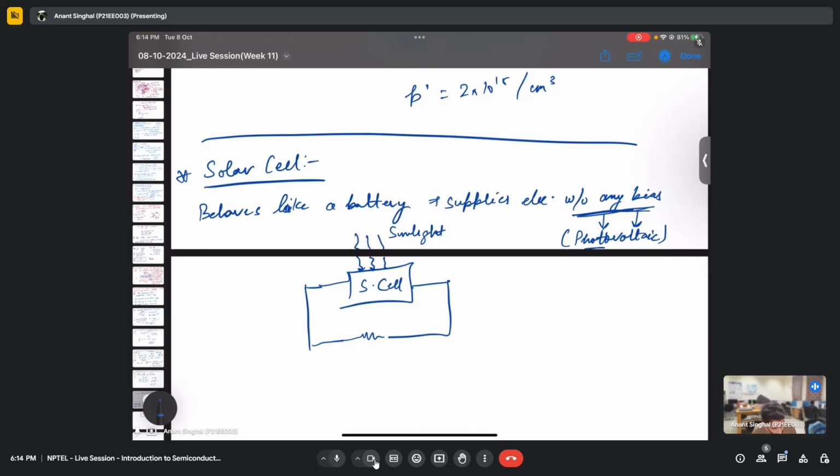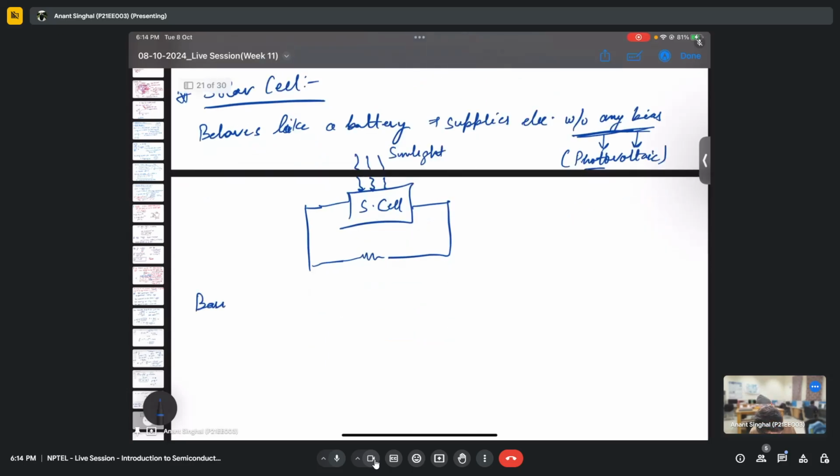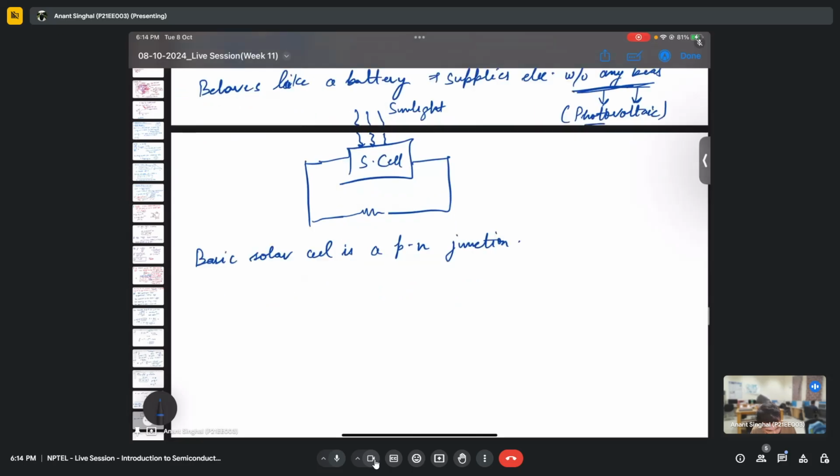So a basic solar cell is a PN junction. So what happens is, let's say we have some Ec, Ev, and we have this incident energy that I talked about in the initial part. If this h nu is greater than or equal to Eg, that means hc by lambda is greater than Eg.